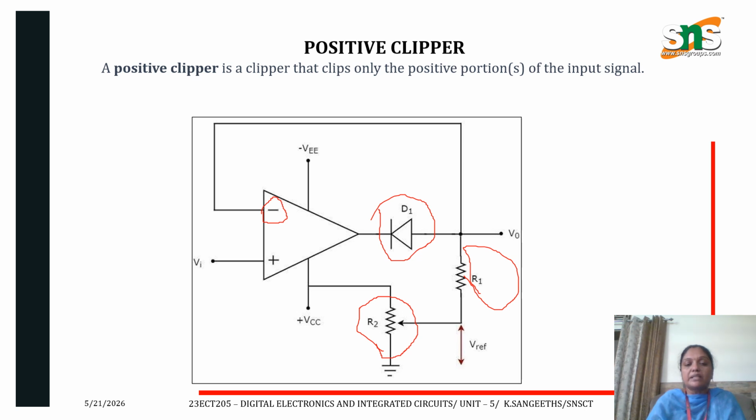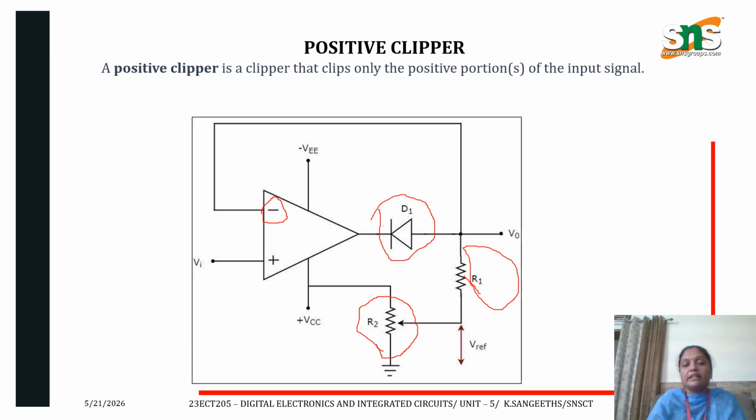The main principle of the clipper is, if the input voltage VI is less than the reference voltage, the diode conducts and clips, that is removes the unwanted portions on the positive side.